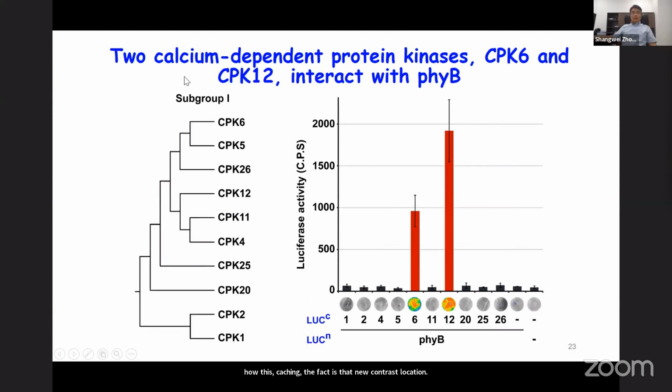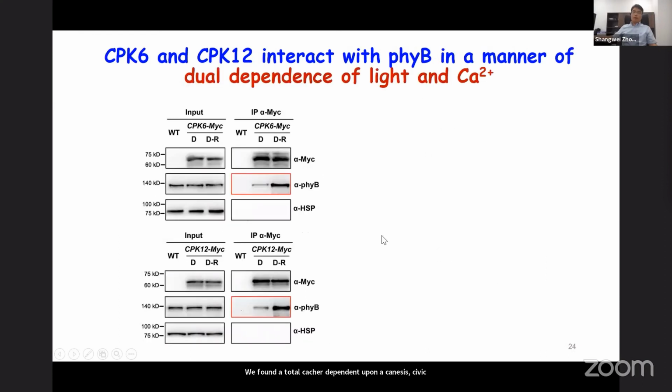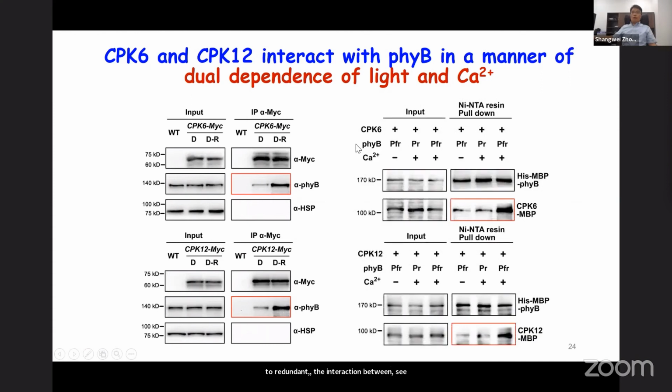By analyzing calcium binding proteins that interact with PhyB, we found two calcium-dependent protein kinases, CPK6 and CPK12, can interact with PhyB. By in vivo co-IP, we show that when the seedlings are transferred to red light, the interaction between CPK and PhyB was greatly increased. We further examined the interaction by using in vitro pull down.